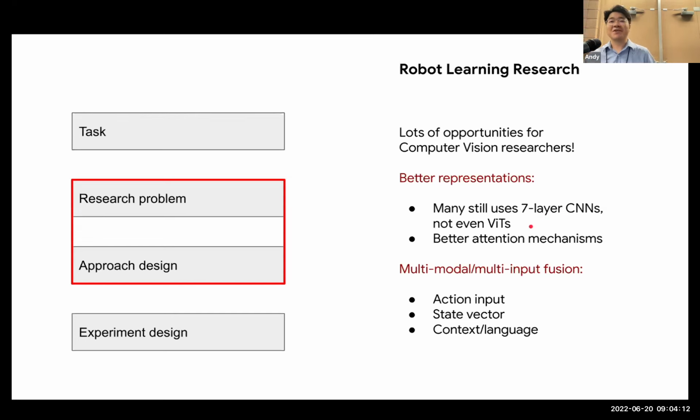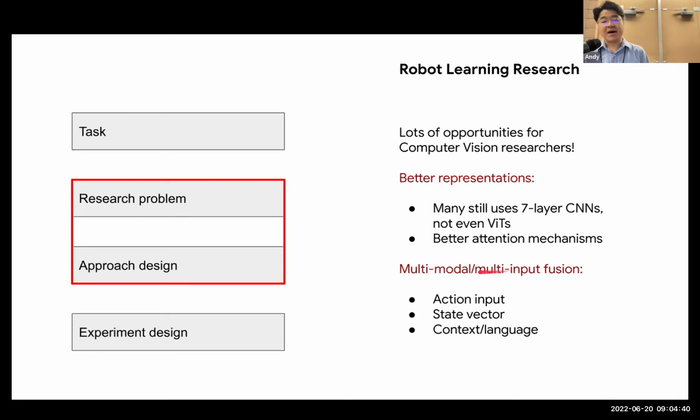If I publish a paper in computer vision saying that I use ViT, I'll get a huge amount of criticism saying that ViT is outdated. But in robot learning, even with 7-layer CNNs, reinforcement learning from pixels and imitation learning were being done successfully. So they were taking advantage of it, but we all know that this is limited and there is a huge amount of opportunity.